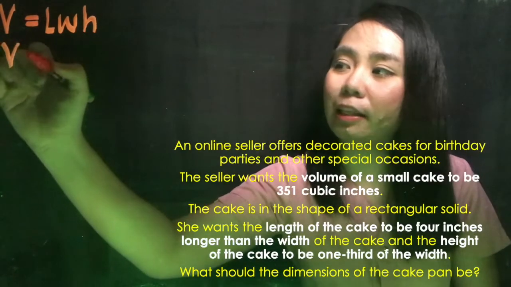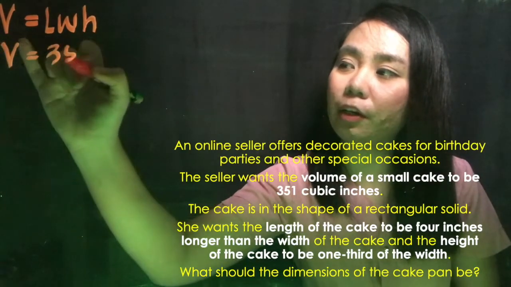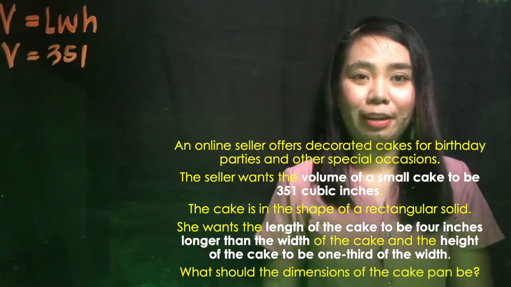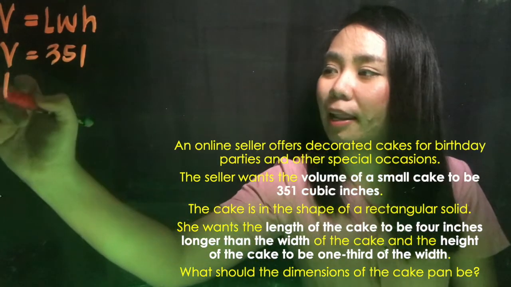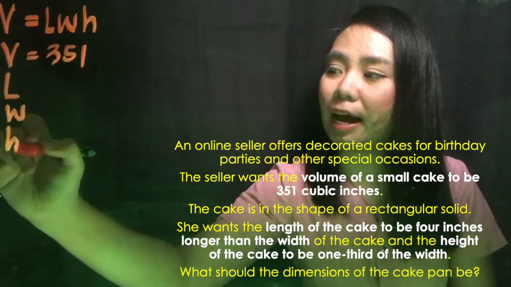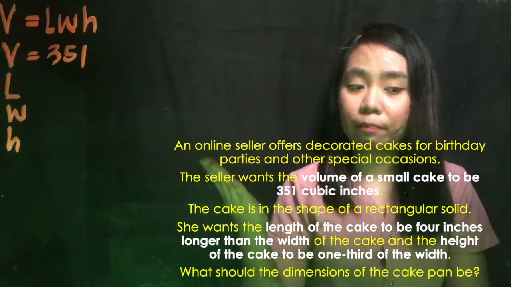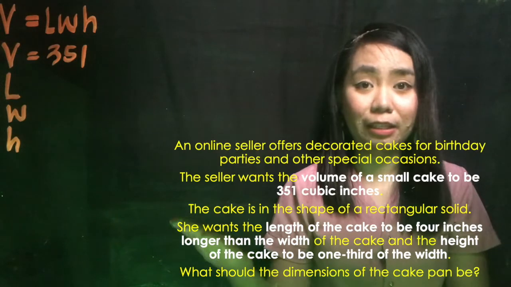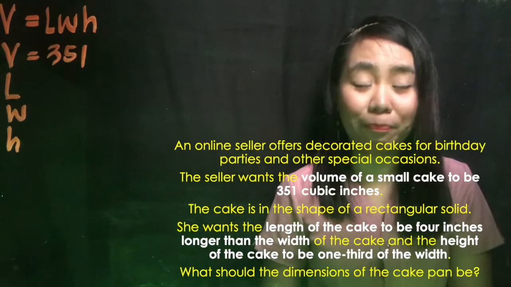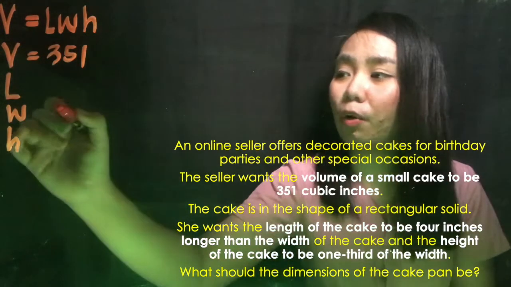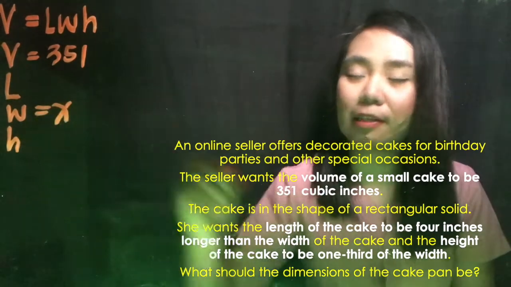Remember that it tells you V is equal to 351. Now, let's represent the length, the width, and the height. It tells you something about the length and something about the height, but there is nothing about the width. Therefore, your width will be represented as x.